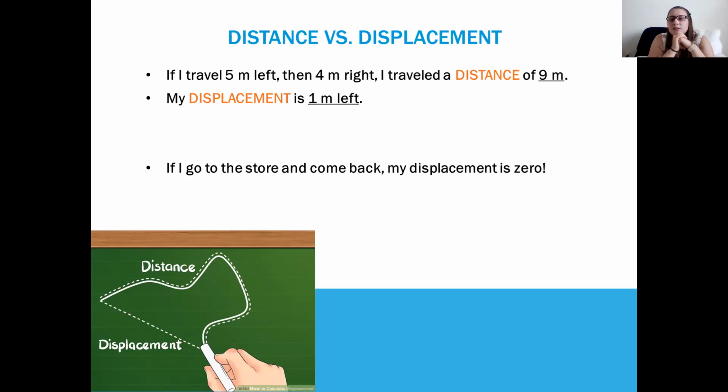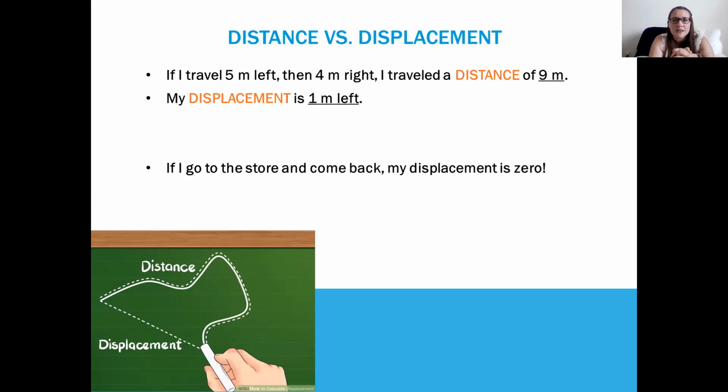And then an interesting thing to think about is that if you go to the store or anywhere and you come back home, your displacement is 0, because there's no distance between where you started and where you ended up. So you could take the most meandering pathway that you wanted, and still your displacement is 0.